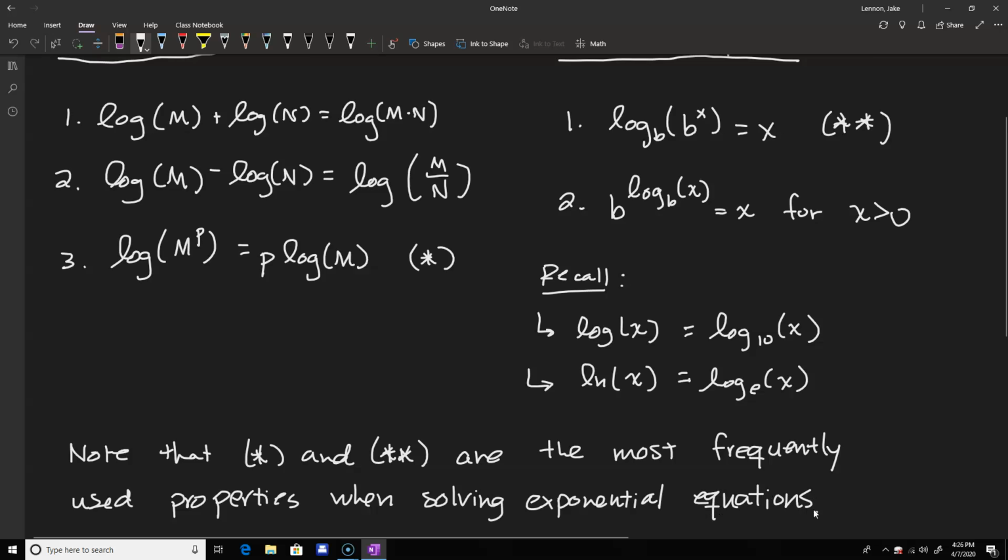I'm not saying the other properties aren't useful, they just typically occur less frequently with most of the normal examples. Next time we'll talk about logarithmic equations, and there we will be using inverse property 2 quite frequently.